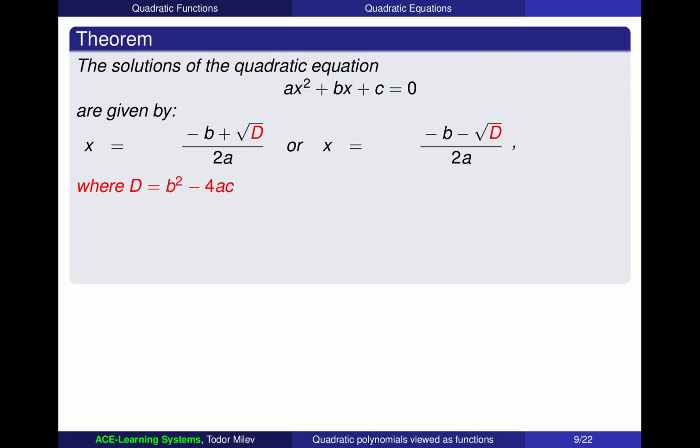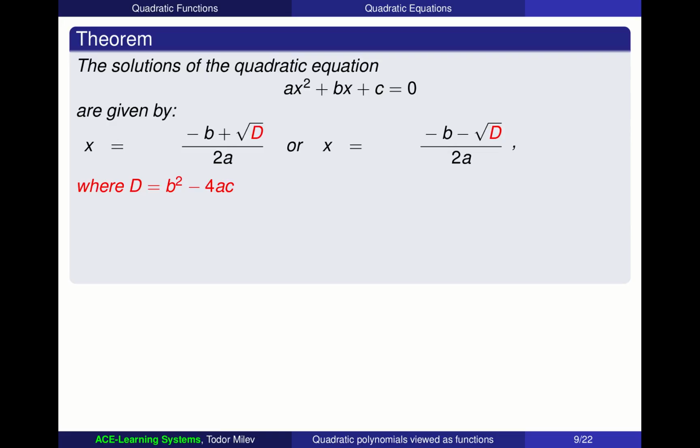So that magical letter d was called the discriminant. It discriminates between the two roots of the quadratic equation, and it is given by the formula b squared minus 4ac.